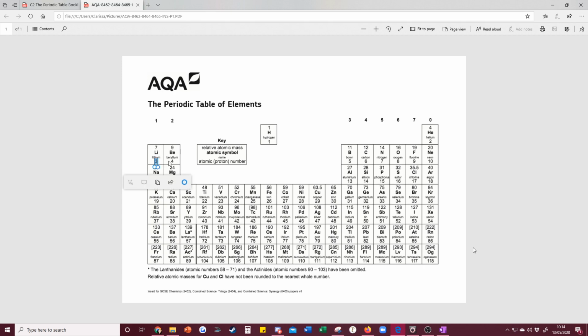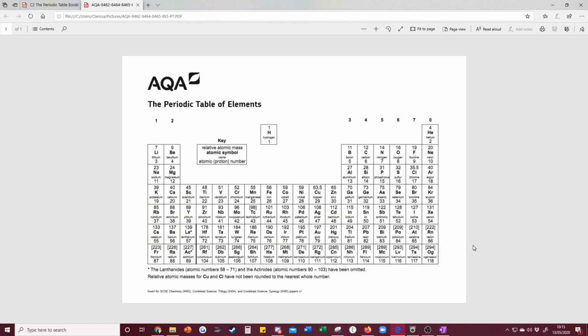The bottom number in each of these little blocks for each element represents how many protons that element has. So for example, lithium has 3 protons, palladium has 46, mercury has 80. That bottom number represents how many positive charges that element has.